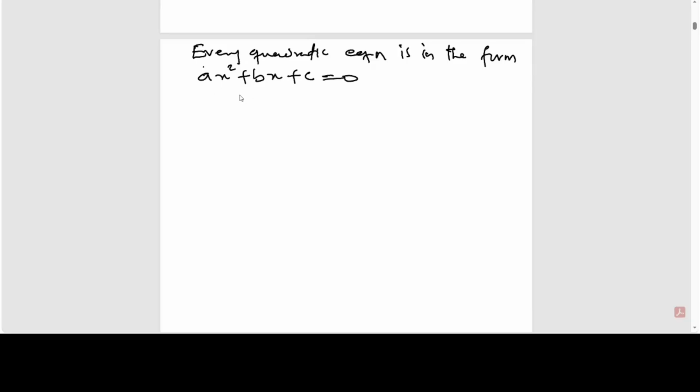So a, b, and c are always constants, and x is a variable. The degree of this equation is given by x squared. a is called the coefficient of x squared, b is the coefficient of x, and c is just a constant, right? So a has a special name. It is called the leading coefficient.